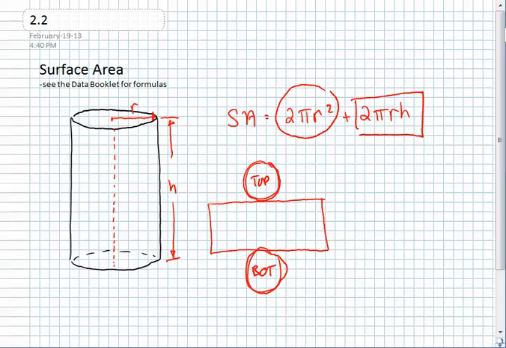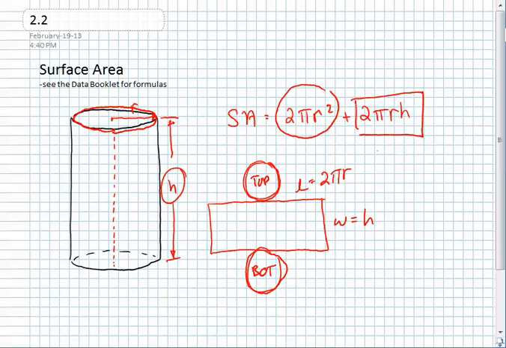This is just a rectangle with a length and a width. The width is equal to the height, and the length is the distance around the circle, in other words the circumference, which is given by 2 pi r.